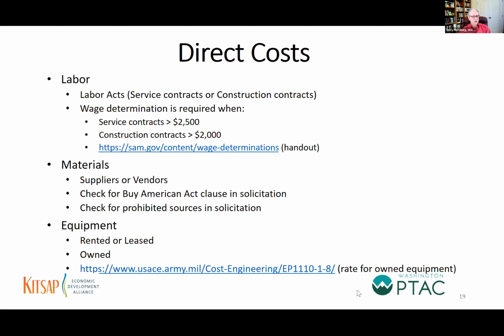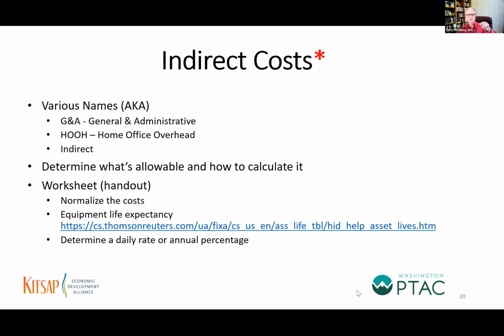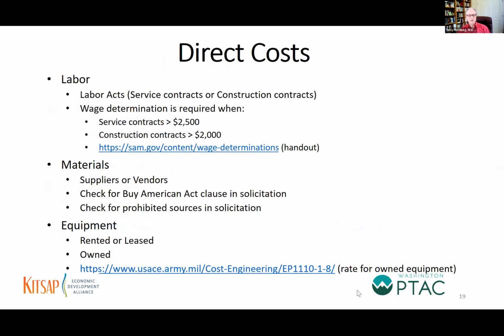Okay, now we're moving on to equipment, still on the previous page 19. There are two categories of equipment. You can lease it or rent it and put that projected cost in your cost proposal, or maybe you're a company that owns your own equipment.